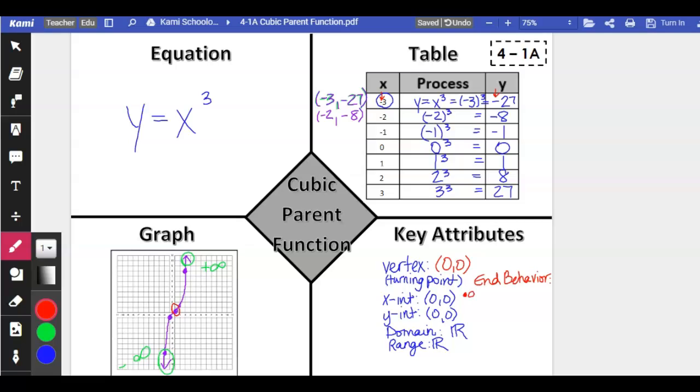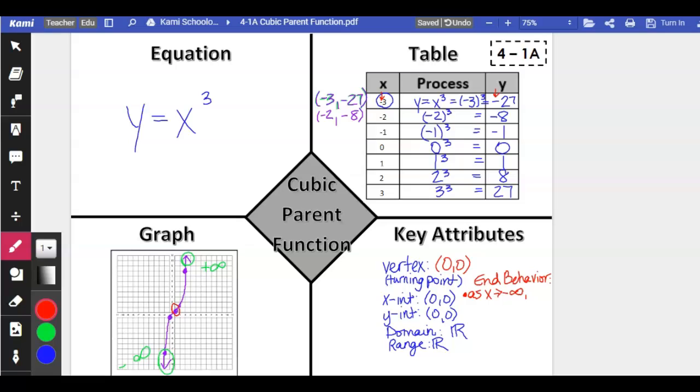The first one is as x goes to -infinity. As x approaches or goes to -infinity, a lot of times this arrow is going to be said approaches. So as x approaches -infinity, what direction are we going? Well, that means we're going this way.